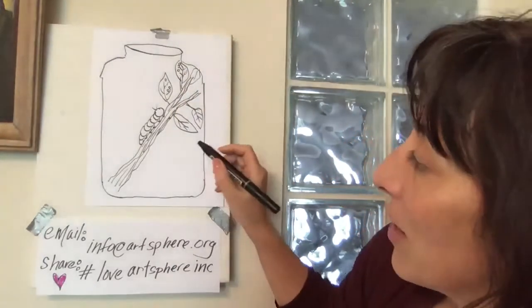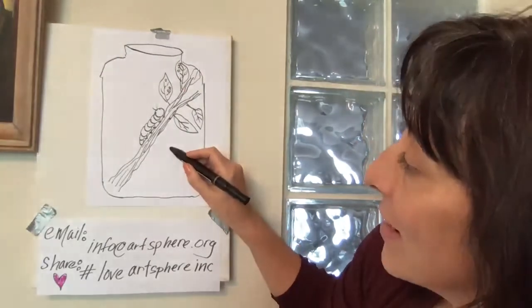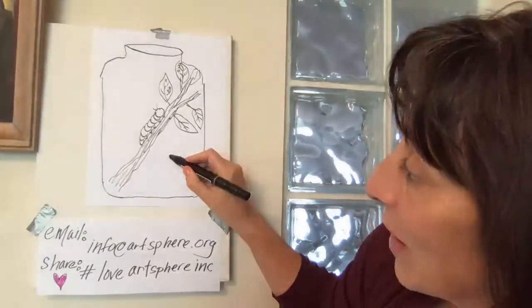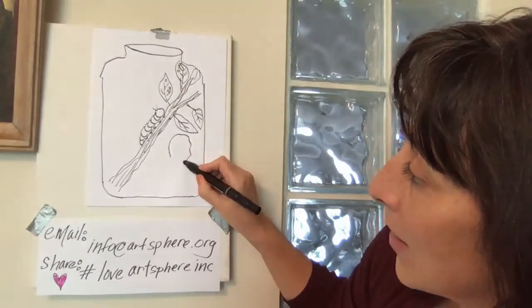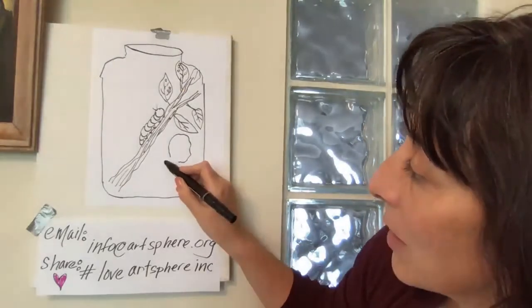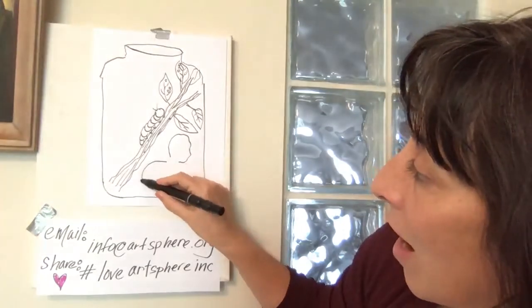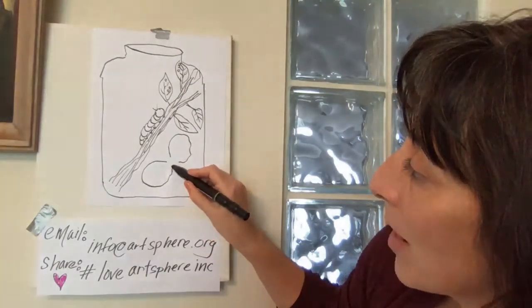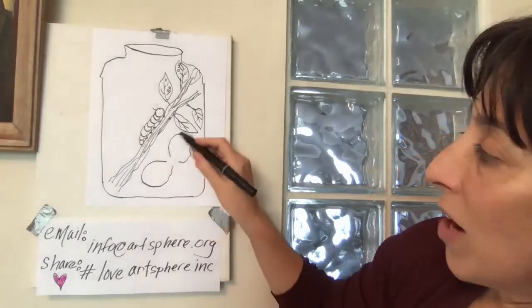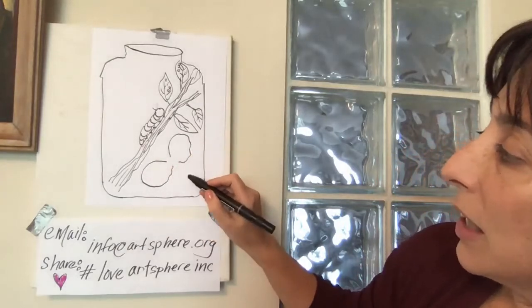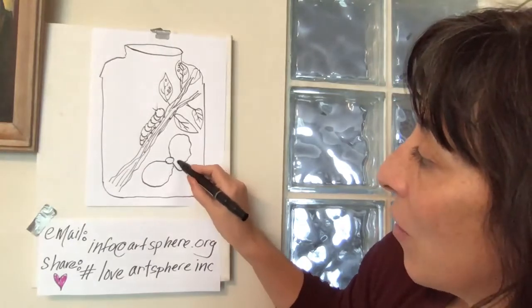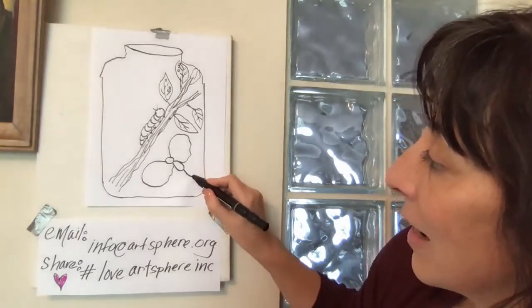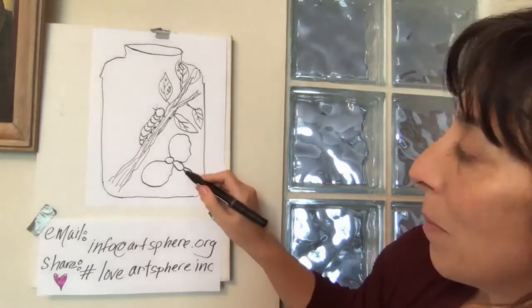And next, I'm going to make my butterfly wings. My butterfly wings are going to be symmetrical. That means that it's going to be about the same on either side. I am making sort of C shapes or teardrop shapes and making them a little squiggly. I'm making a circle for the head, an oval for the body, and a thinner oval for the tail.